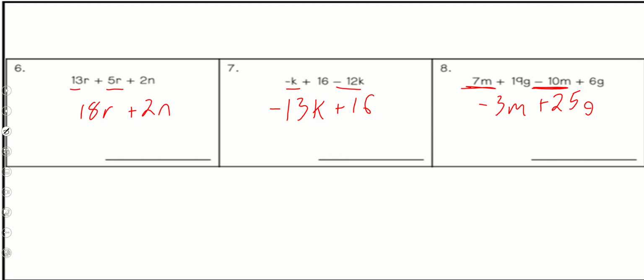We got positive 7, we got a negative 10. That makes our 3 a negative 3M there. The other way you can look at that is which one we got more of. We got more of the negatives, right? So that means we're going to have more of a negative when we combine them as well. So that gives us that negative 3M.